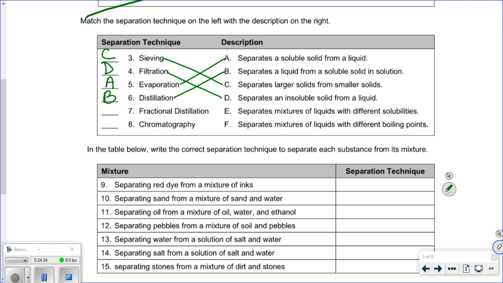B and A are almost the same thing. We'll just get that. Fractional distillation. Remember, that separates liquid to liquid with different boiling points. So that is F. And chromatography is where we separate mixtures of liquids with different solubilities. So if something's polar or nonpolar, it'll follow that liquid as it moves up. If it's a polar liquid, the object that's polar is going to follow it. If it's nonpolar, it'll stay at the bottom. So that is E. All right.